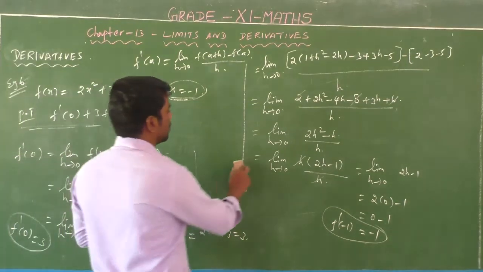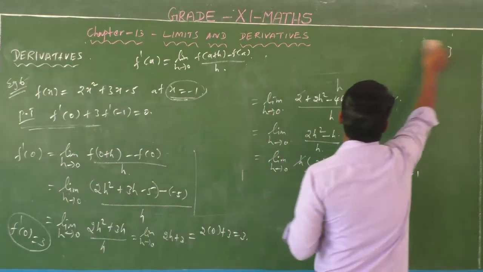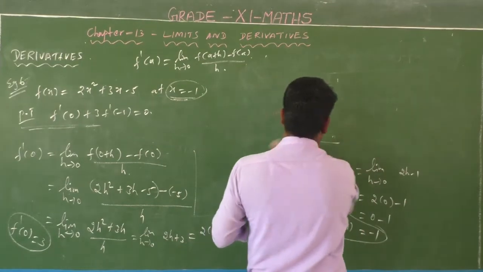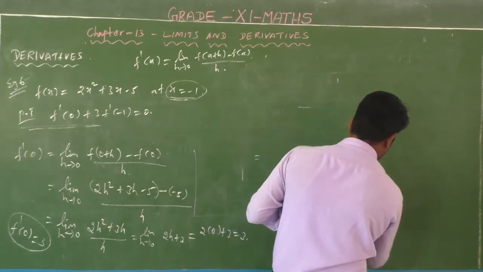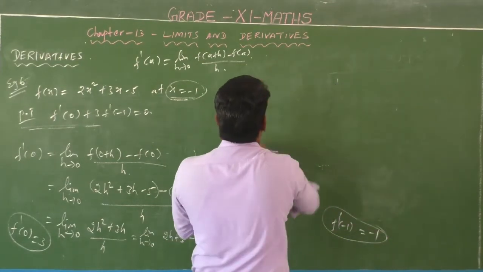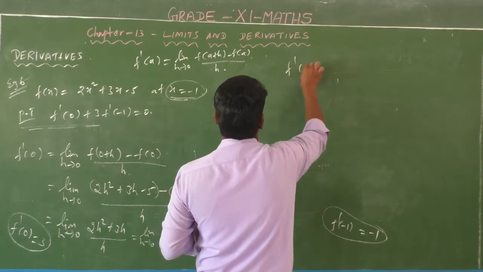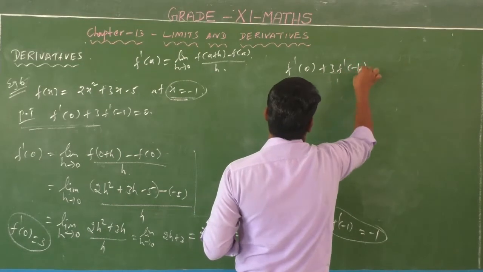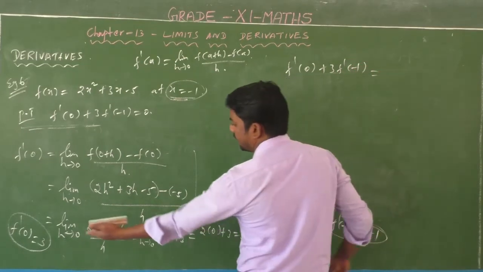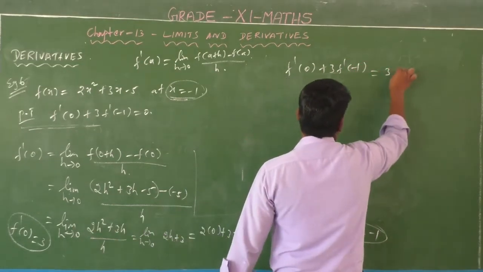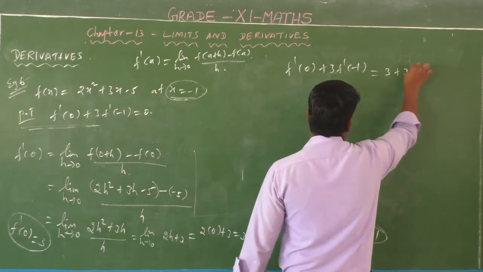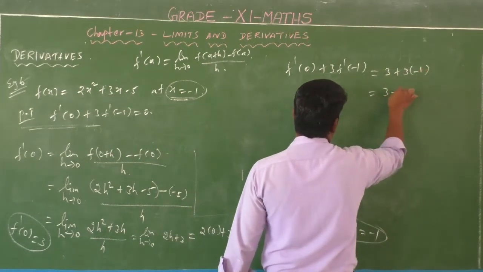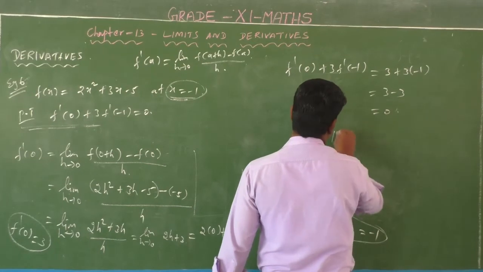Listen, so substitute these values. f dash of 0 plus 3 f dash of minus 1 is equal to, f dash of 0 value is 3, plus 3 into f dash of minus 1 value, which is minus 1. So 3 minus 3 equal to 0, hence proved.